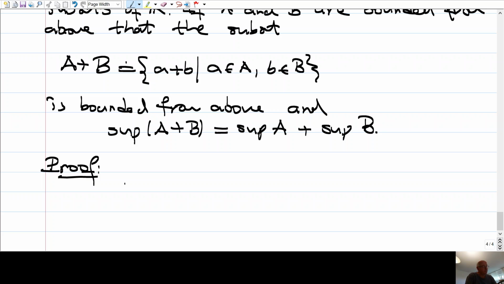You see, A and B are bounded from above.